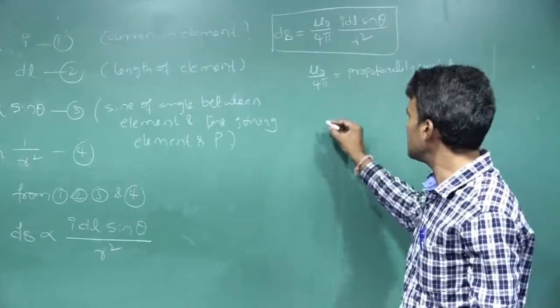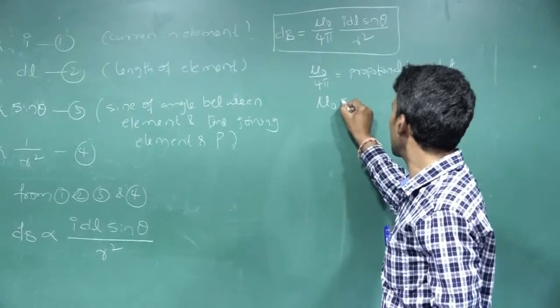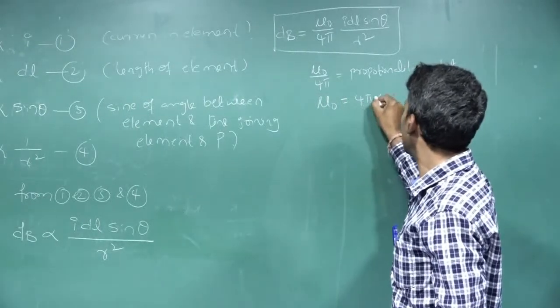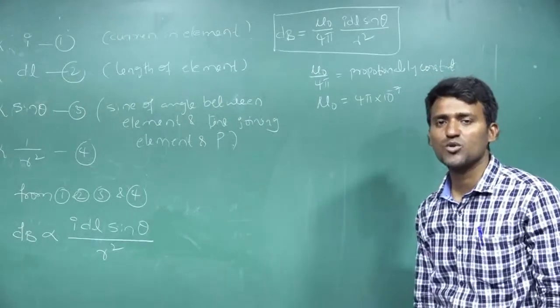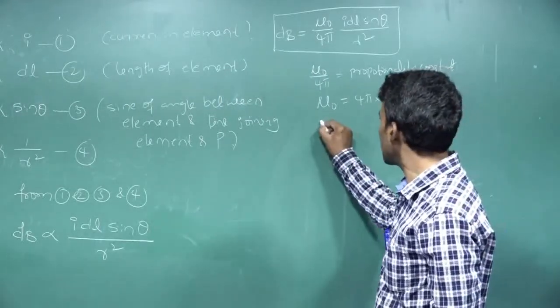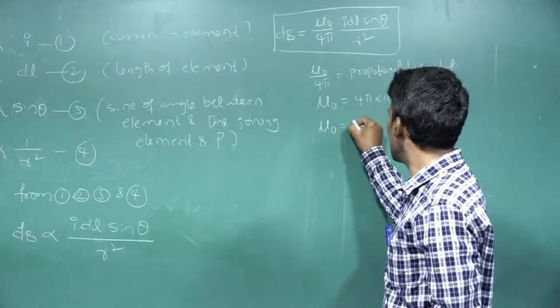This mu naught value is equal to 4 pi into 10 to the power of minus 7, and mu naught is called the permeability of free space.